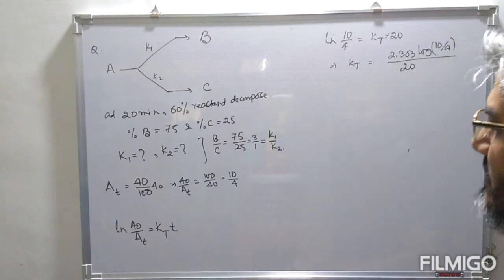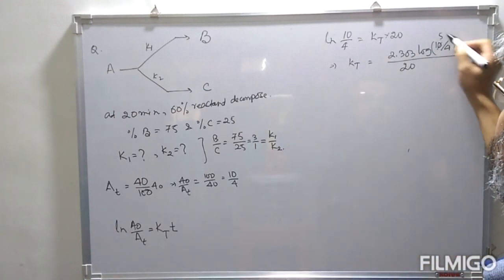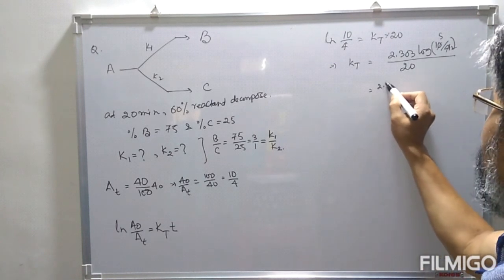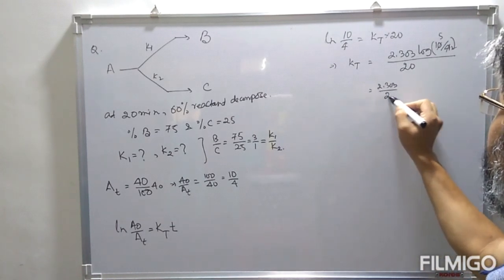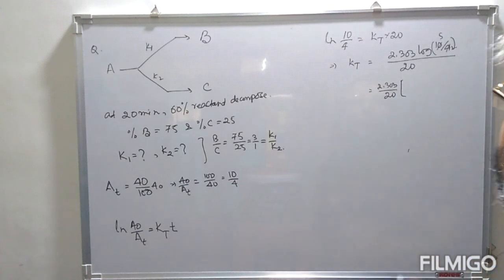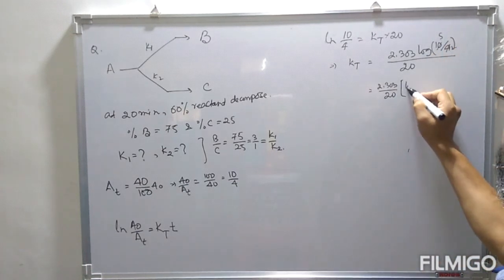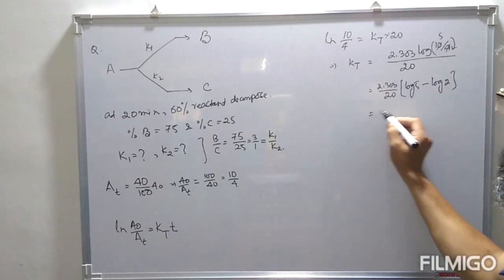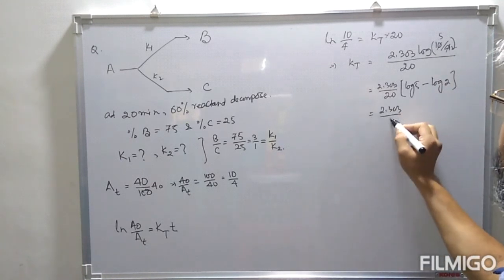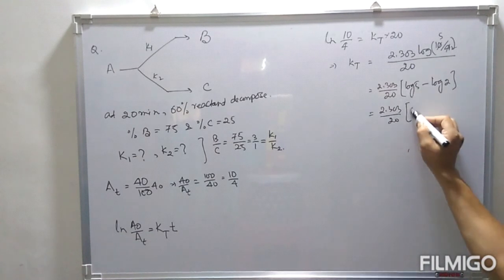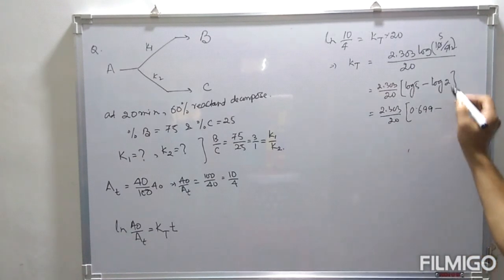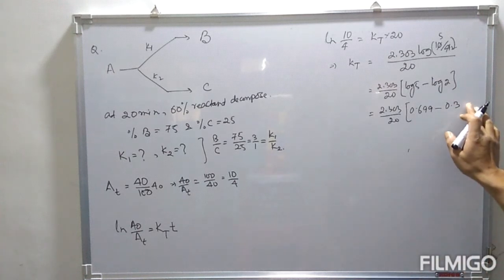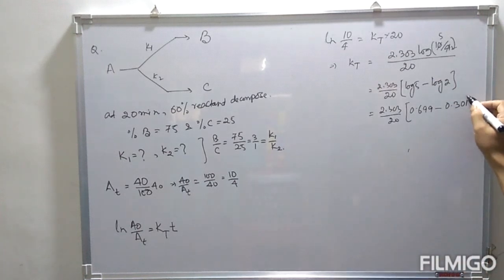So this can be written as log 5 by 2. So we have 2.303 by 20 into log 5 minus log 2. Log 5 is 0.699 and log 2 is 0.301.